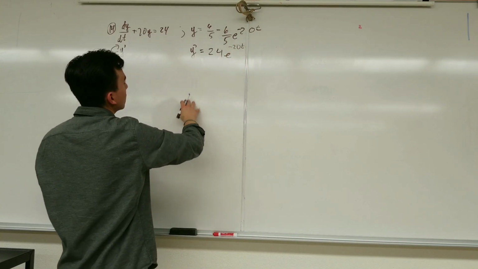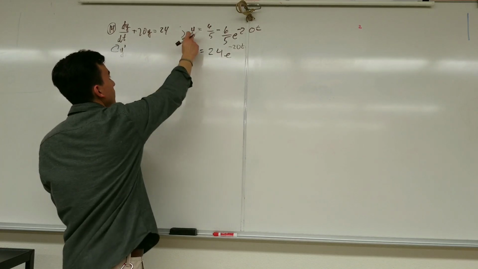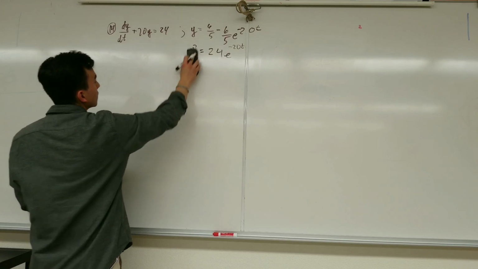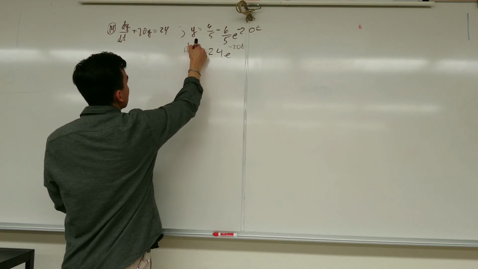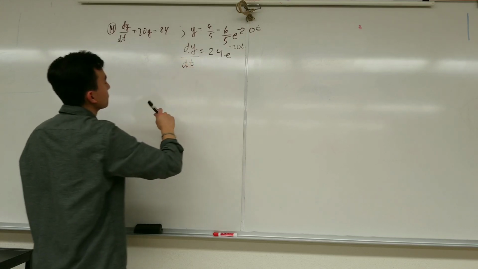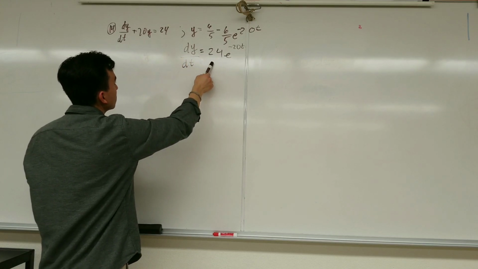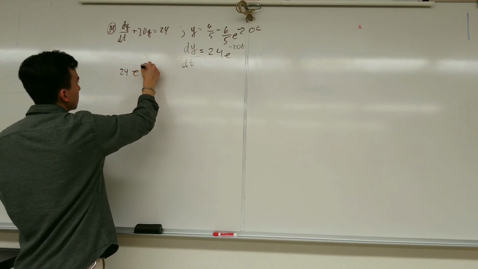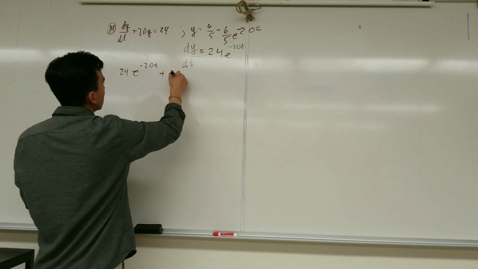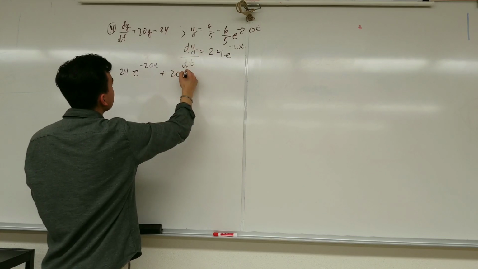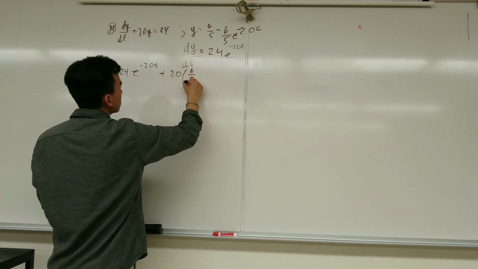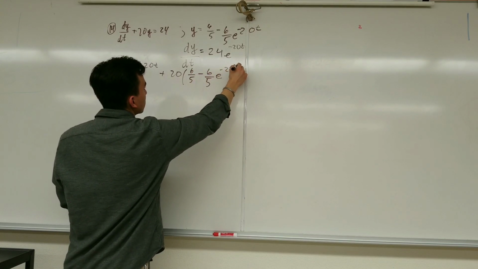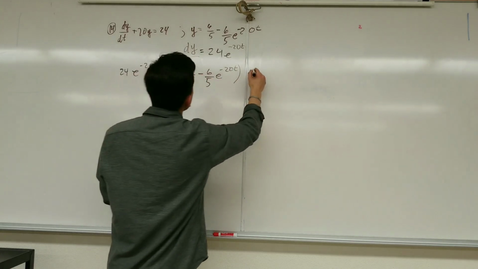Okay. So now we have our y and our y prime. And I guess we should write it like this to see better. So we can go ahead and plug this in. That's going to be, and our y is that, equal to 24.